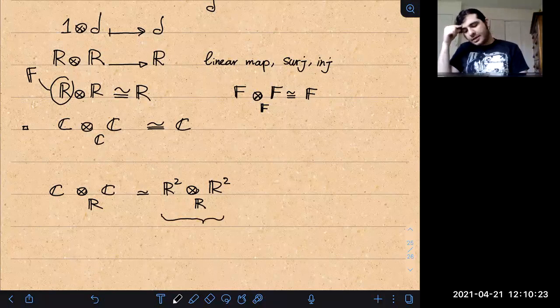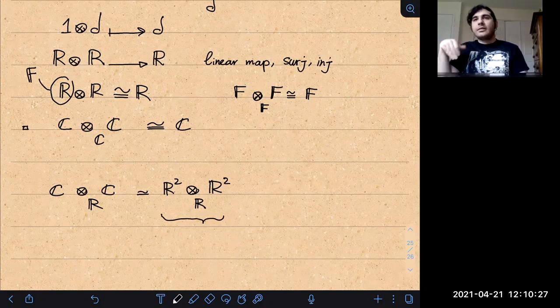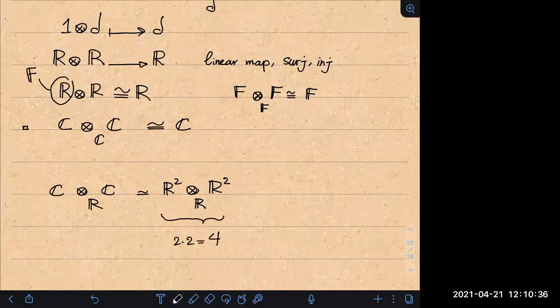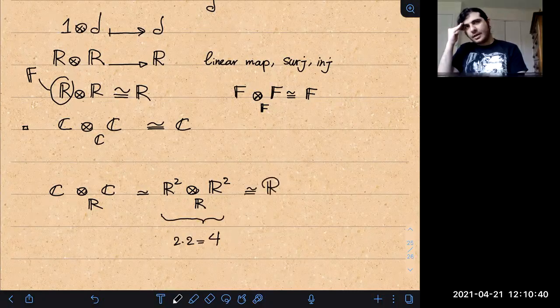So the dimension of this thing is equal to 2 times 2, which is 4. And what is the vector space of dimension 4 over R? Well, that's just R4. That's correct. So it is equal to R4.